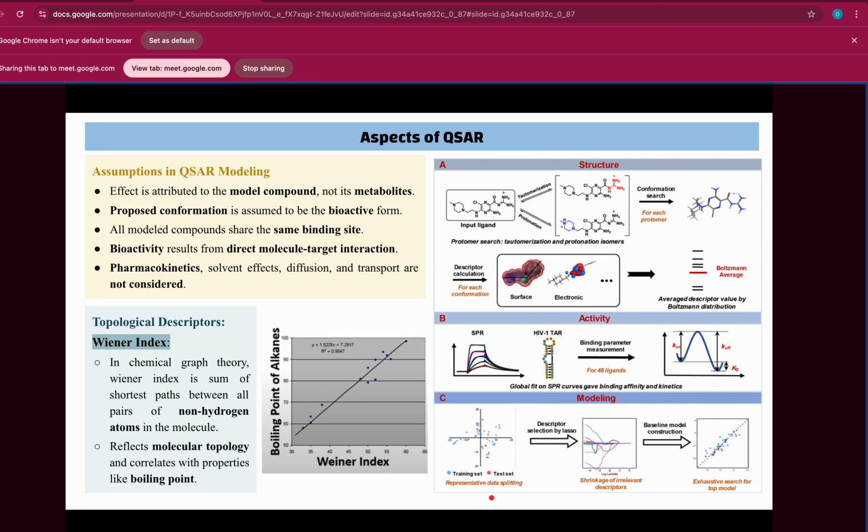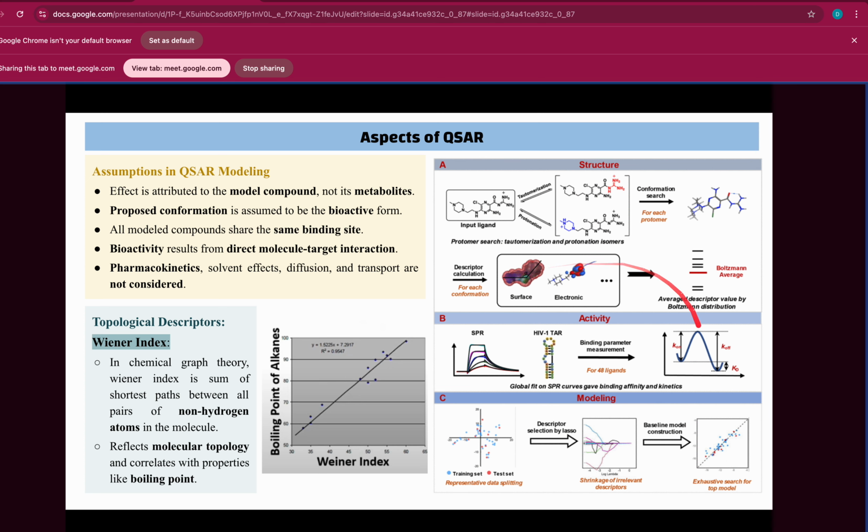Now we know that this particular structure has this activity, so that will act as my training set. We will use QSAR modeling steps. We will use those mathematical relations in which we identify the function which links the structure to the biological activity. That particular function is derived, training is done, and then on the test set we check whether our model is good or not, and ultimately we will give new compounds and predict the activity from them.